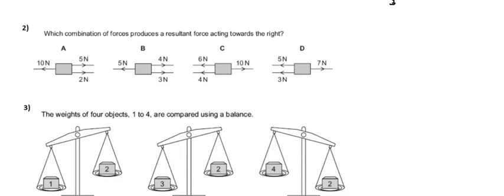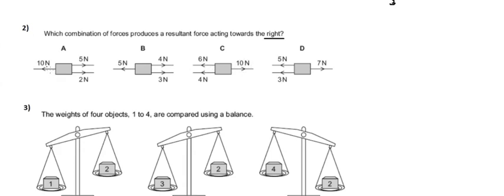Now we will see the second problem. Which combination of the forces produces a resultant force acting towards the right? We want the resultant force acting towards the right. That means the force acting towards the right should be more than the force acting to the left.